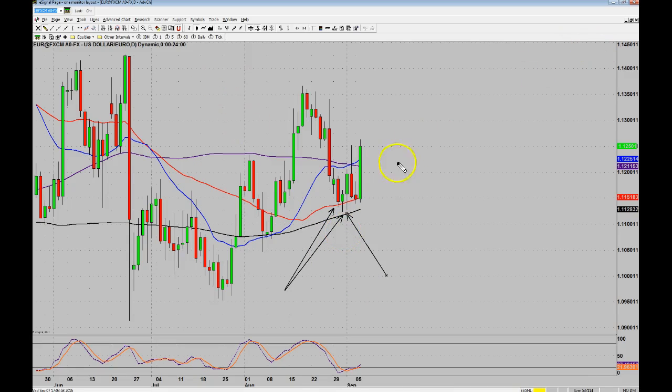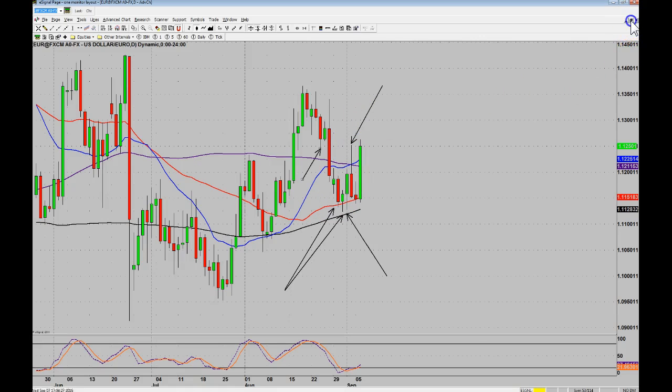There was a bull harmonic, and the bull harmonic had a 112.40 target, I think it was, right there on the hourly chart. I'm not sure. Doesn't matter now. But you see, it went up and it hit.